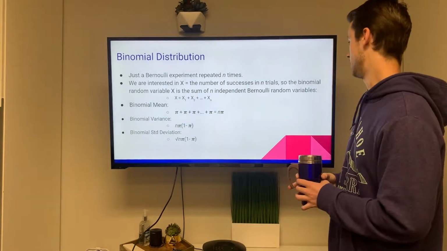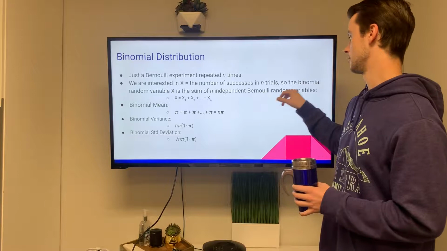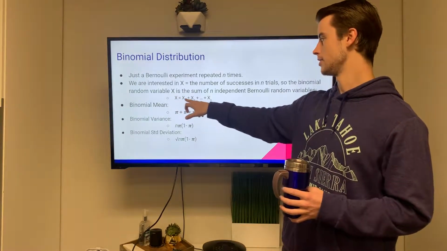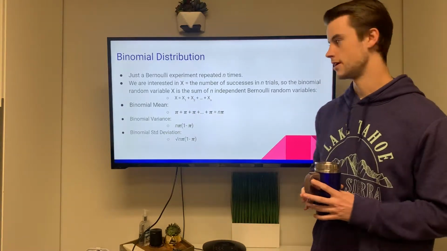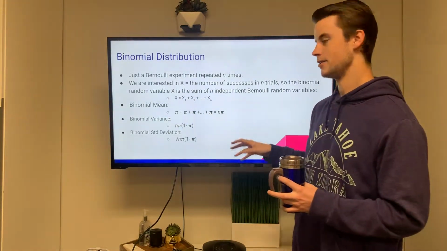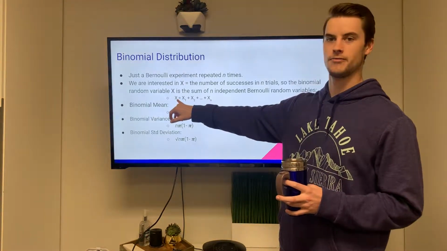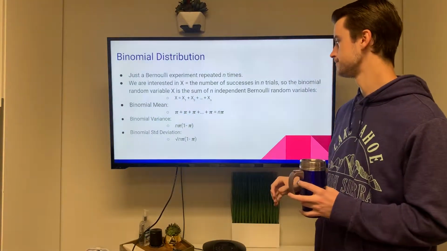So the binomial random variable x is the sum of n independent Bernoulli random variables. All these are just the number of successes in however many trials you did. So if you did 50 trials and got 24 successes, the random variable would be 24 successes.